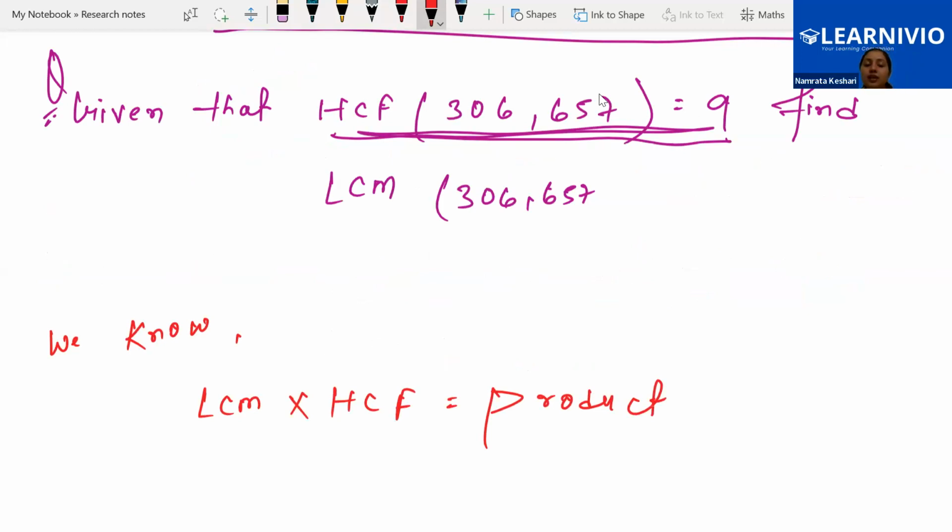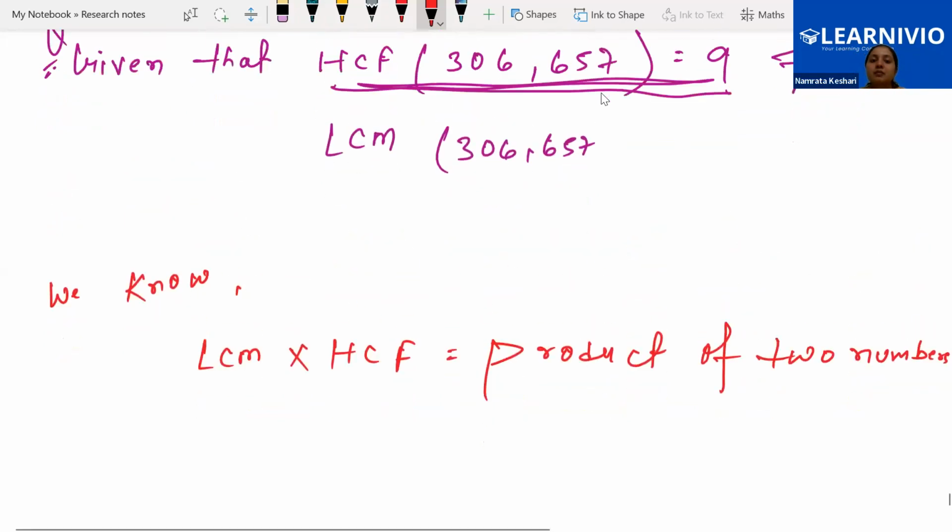We cannot apply it for three integers. We can find the LCM and HCF of three, four, five different numbers, but this formula is only for two numbers.